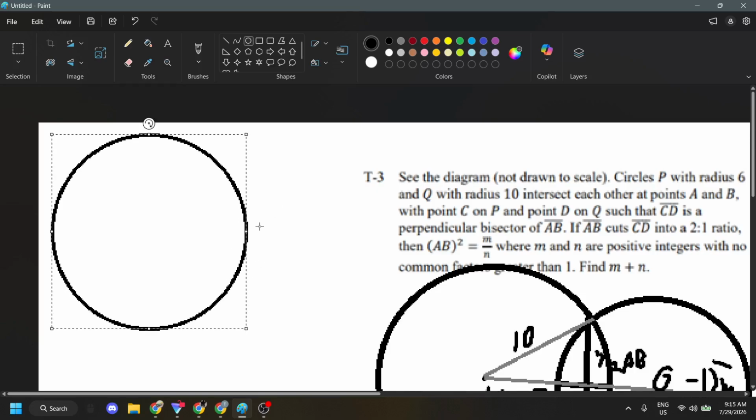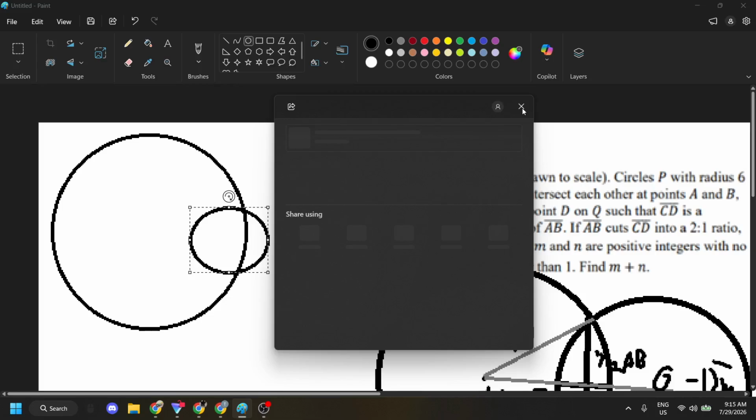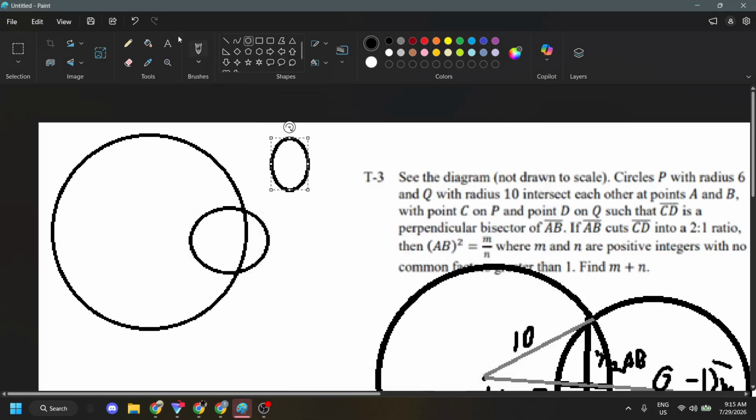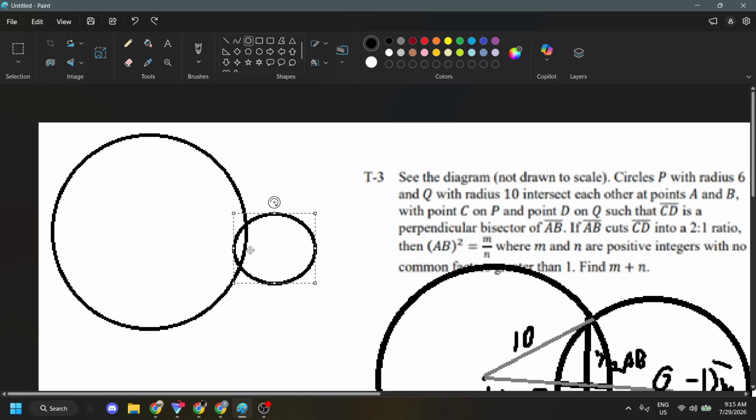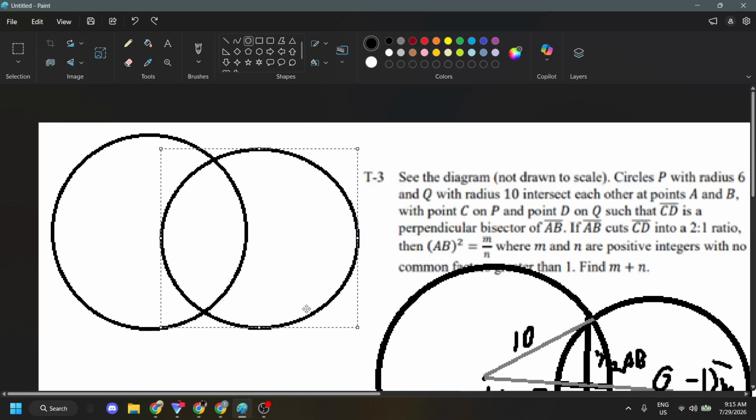If I get a really large circle and a smaller circle intersect like this, the larger one will be on the larger side. Now let's take an equally sized circle, and can I move it in?